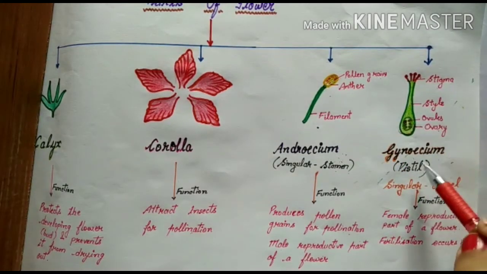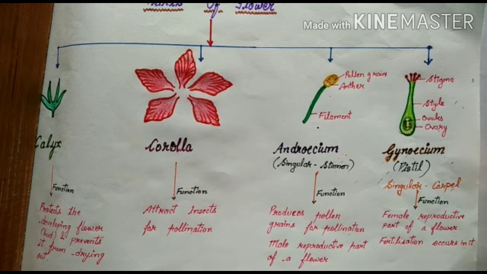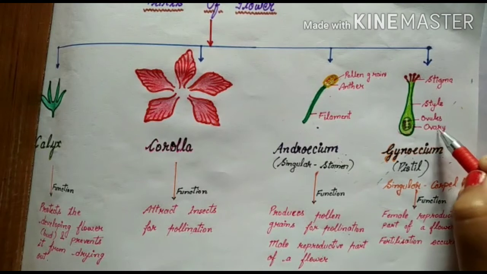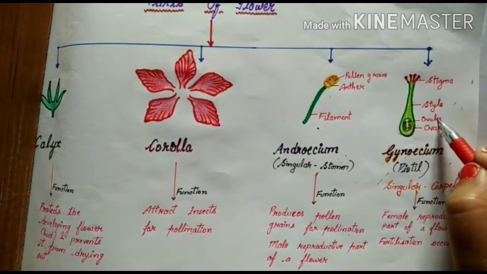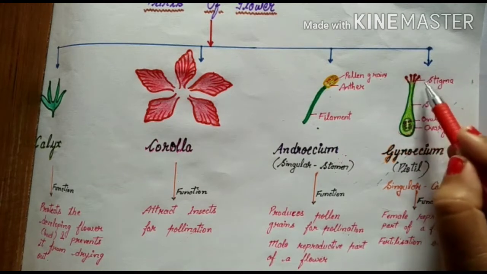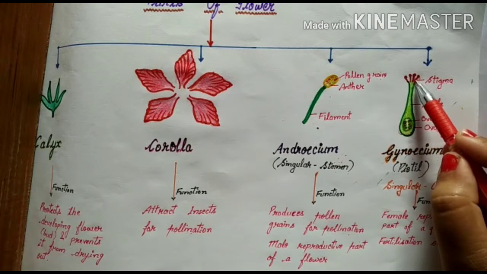The next is gynoecium. Gynoecium is the female reproductive part of a flower and it contains three parts: stigma, style and ovary. This ovary contains ovules. The stigma is the sticky part of the gynoecium and it is the uppermost part.